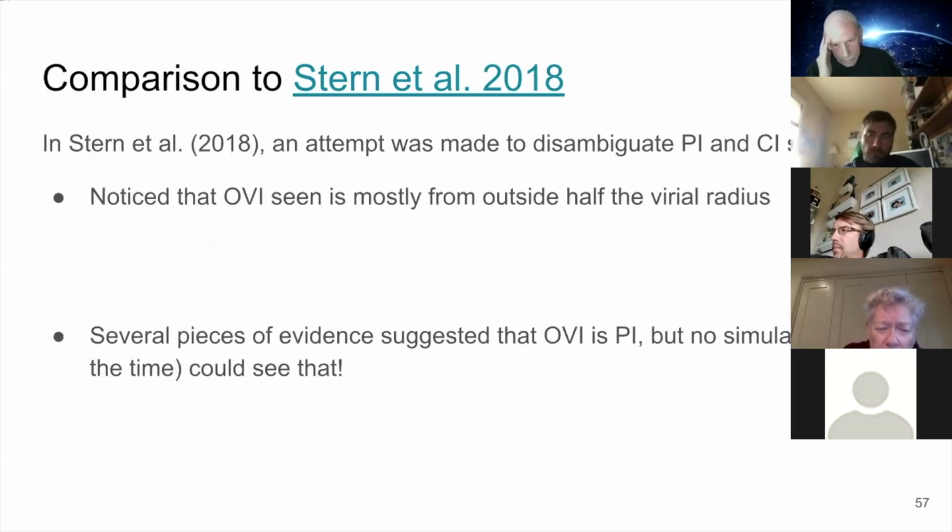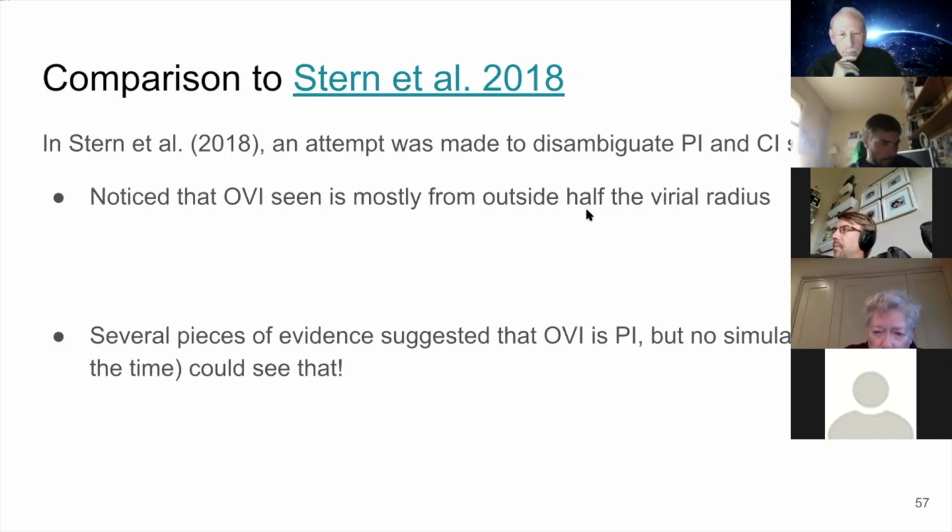So a second paper that we are comparing to, and this is a more heuristic comparison, which I have a little bit of data for, but I have cut for sake of time, is the comparison to Stern 2018. In Stern 2018, which is the paper I mentioned way at the beginning, an attempt was made to disambiguate a photoionized and a collisionally ionized scenario for oxygen 6. So we noticed that oxygen 6 is mostly seen from outside about half the virial radius.